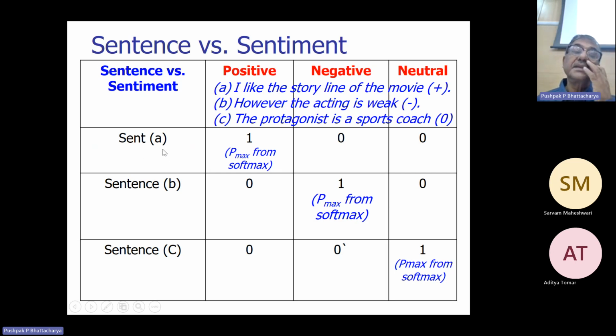Here I'm calling it sentence. You can call it instance A. And positive, negative, and neutral are the 3 classes. You can call this C1, C2, and C3. So instance A belongs to class number 1, and therefore it has a 1 here, 2 zeros on the other 2 classes. Instance B, 0, 1, 0. Instance C, 0, 0, 1. This is how the training data is given.